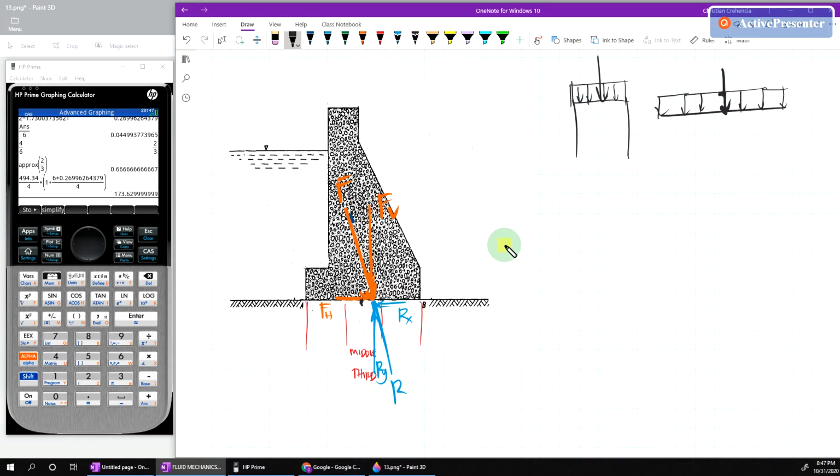Okay? Pero if meron siyang distance from the center, so tawagin natin tong distance E. Meron siyang eccentricity. Okay?